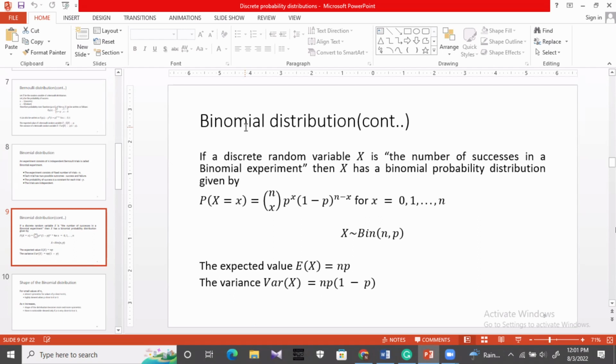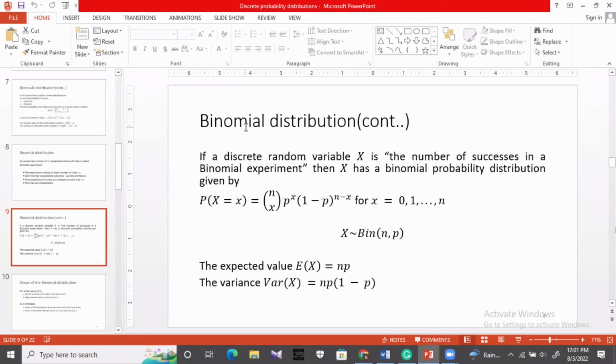Here you will need to know about combinations, not permutations. Tomorrow I will teach you how to find combinations. Then we will define the probability mass function of a binomial random variable.